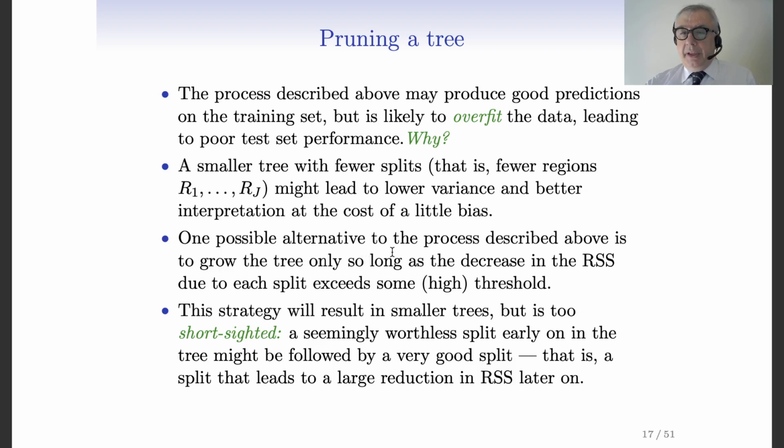So one may think of an alternative process where you grow the tree only so long as the decrease in the RSS due to each split exceeds some threshold. So the idea is that I put a limit, and I want that when I create a new branch, I should improve my RSS by some minimal amount. This will produce smaller trees, but it is a kind of short-sighted strategy.